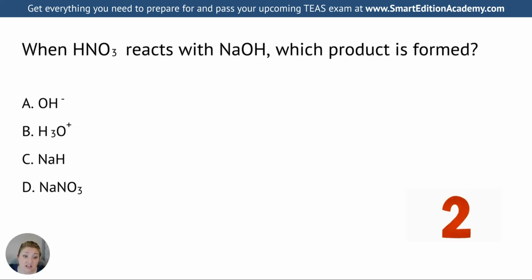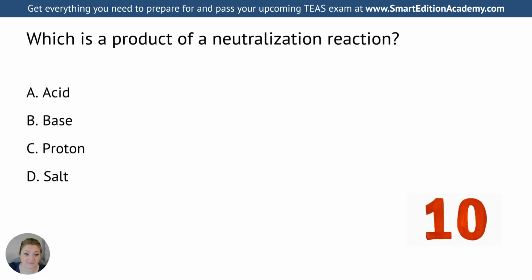So that HNO3 will lose that H, that NaOH will lose that OH, and the H from the acid and the OH from the base are going to make H2O. What we're left with is Na and NO3, and those combine to make NaNO3. That means if you said D for your answer choice, you are correct.